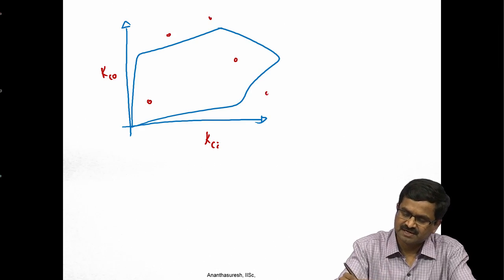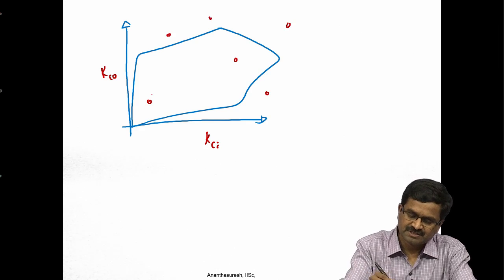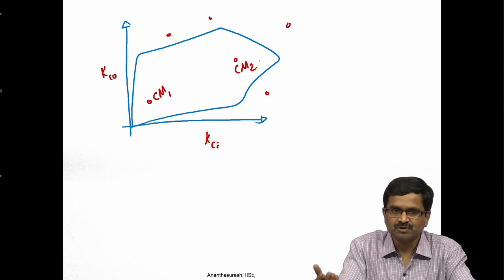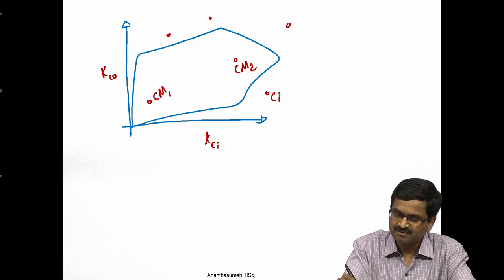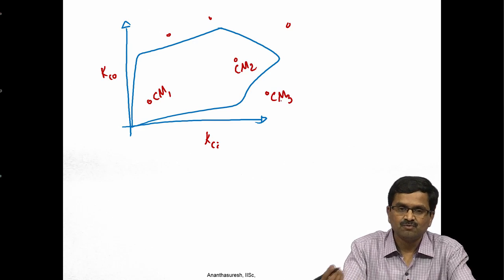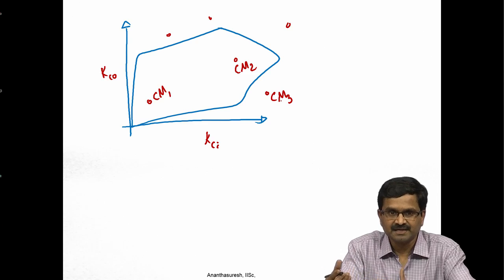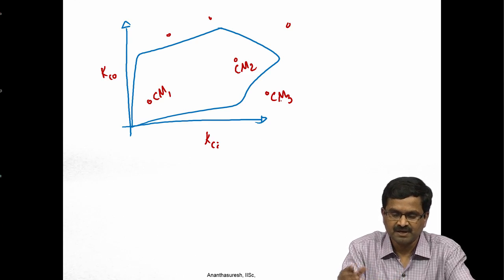So, some may be inside, some may be outside. Now, we say if CM1 and CM2 are inside the feasibility map, they are suitable for the application. Let us say CM3 is here, which is outside, which does not satisfy the user specifications. So, it is more like selecting from a compliant mechanism database. This is for statics we discussed. That is what we will demonstrate with a software program today.